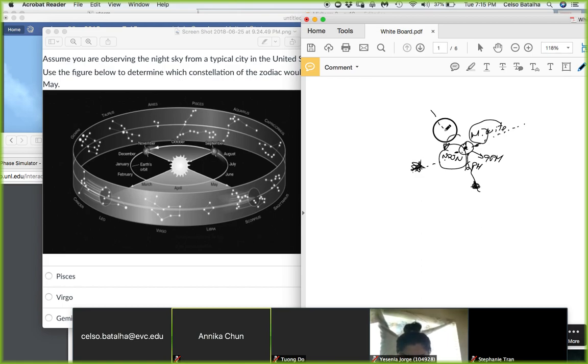So you have the orbital circle going like this, right? And then you are taking a perpendicular at 6 p.m. that's falling in Leo. So between 6 and midnight, which means between Leo and Scorpio, I have two constellations, Virgo and Libra.